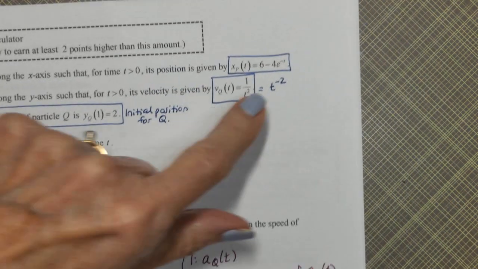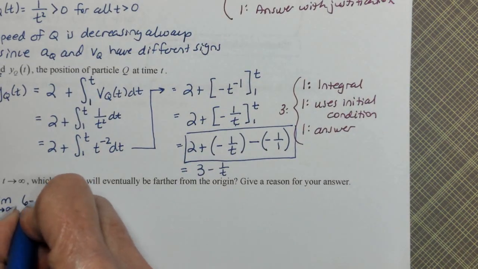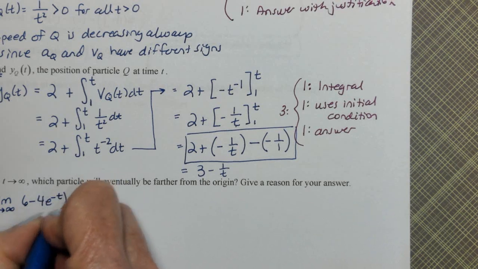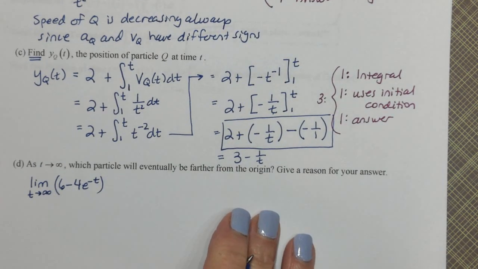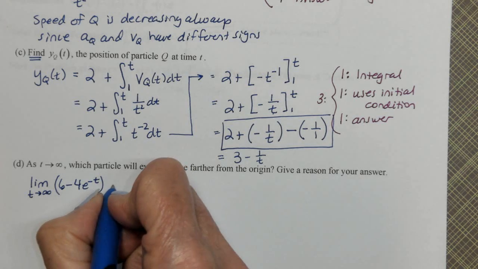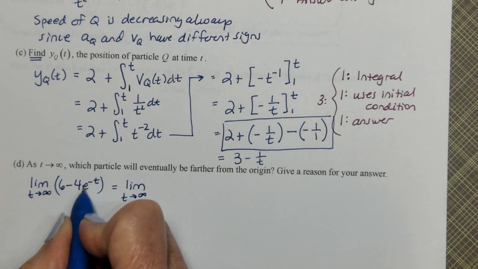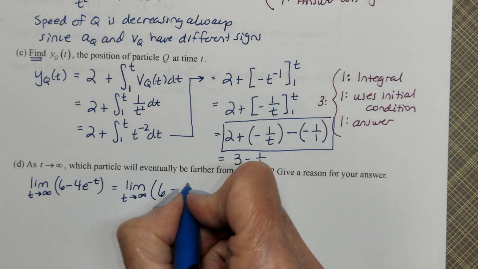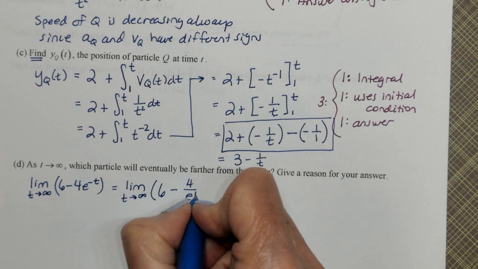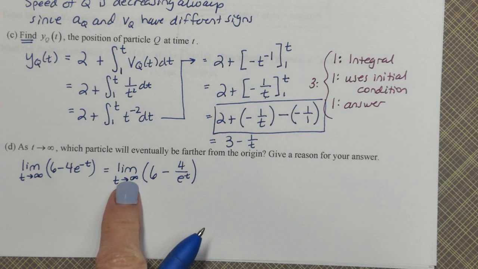The position of P was given to us. So 6 minus 4e to the negative t. We want to know what is that limit as time goes to infinity. Well, again, I don't like to mess with anything when it still has a negative exponent, so I'm going to change that to be 4 over e to the t. It's easier to work with. Now we're going to let t go to infinity.